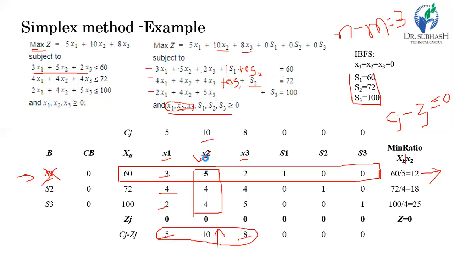In the next table, we put this for reference as usual: B, the basic variable column, CB, the coefficient of the basic variable, XB, the value of the basic column, then X1, X2, S1, S2, S3. Above that is Cj, the coefficient of all the variables in the objective function.